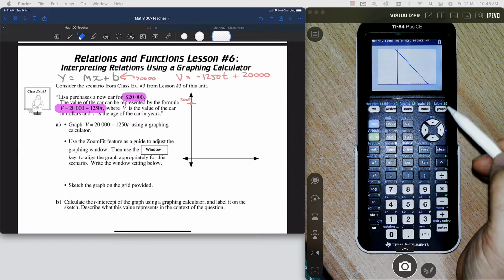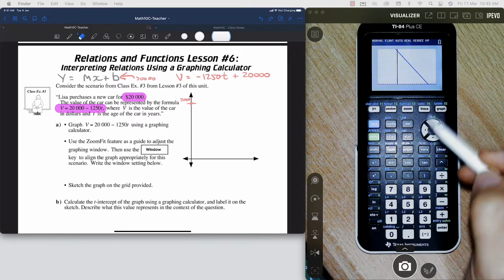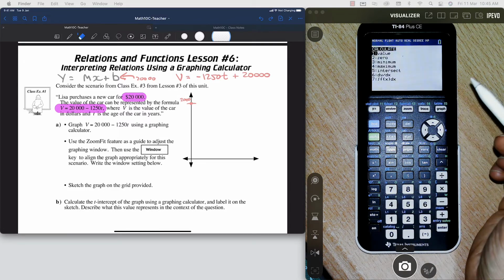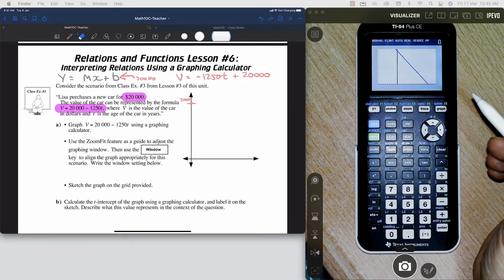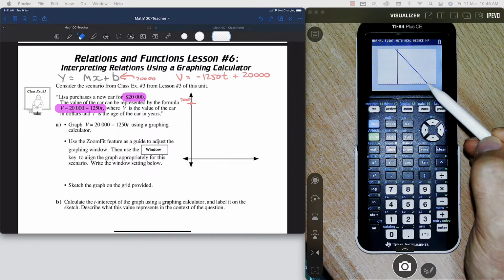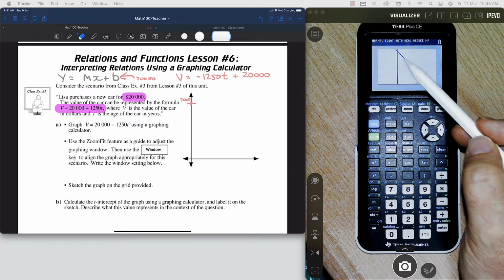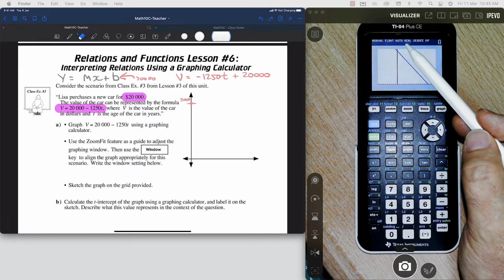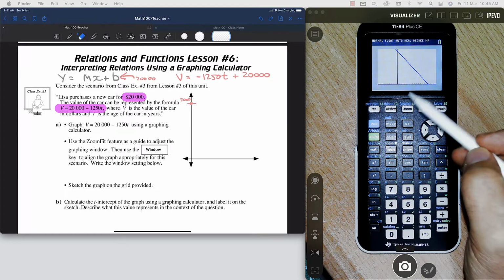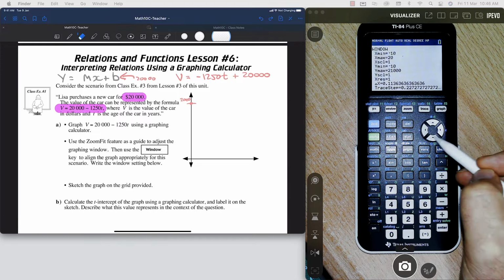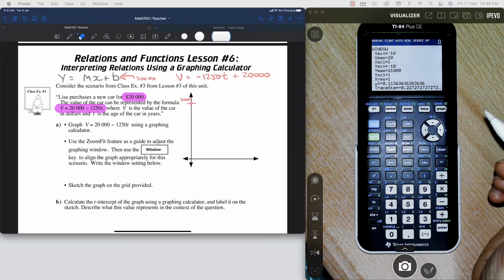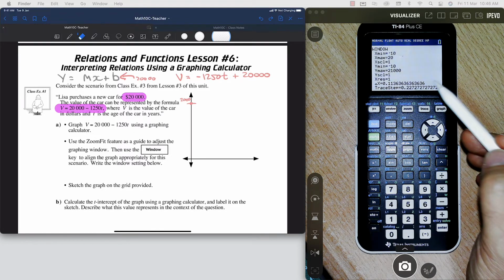Now, if I want to use some of the other functions in here, my graph isn't set up that great. So I want to go a little bit lower on the y and a little bit higher on the y too. If I go back into my window, down to y minimum, it's at negative 10.